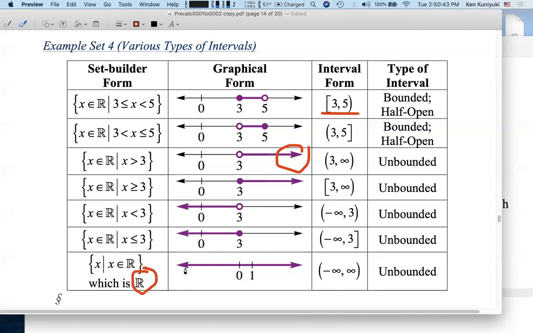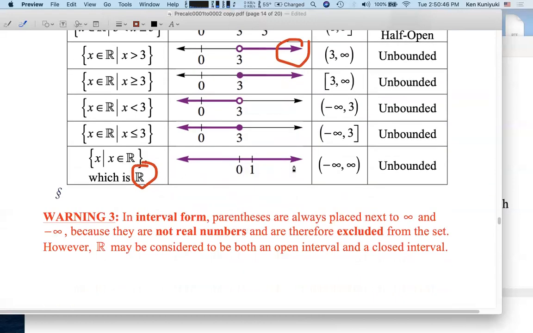R, the set of all real numbers, can be represented by the entire real number line. It's good to indicate where 0 is and also a non-zero number, but we often get sloppy with that. We color the whole real number line. You should remember that this is the interval form for R, the set of all real numbers. Parenthesis, negative infinity, comma, we want everything in between, infinity.